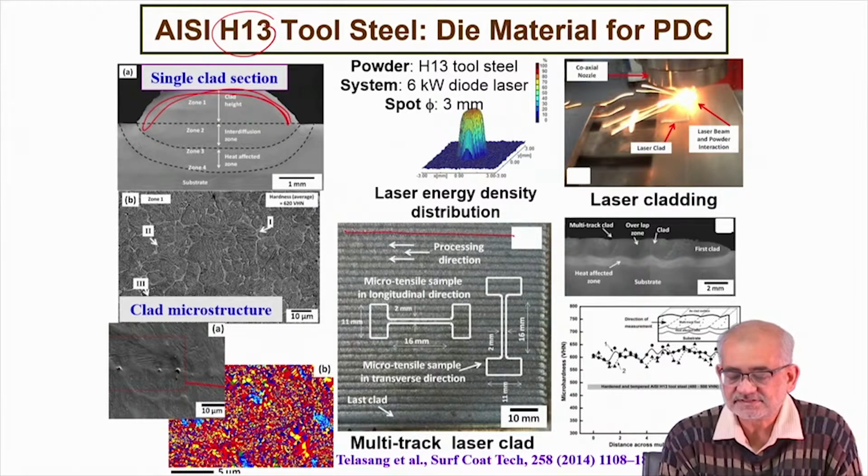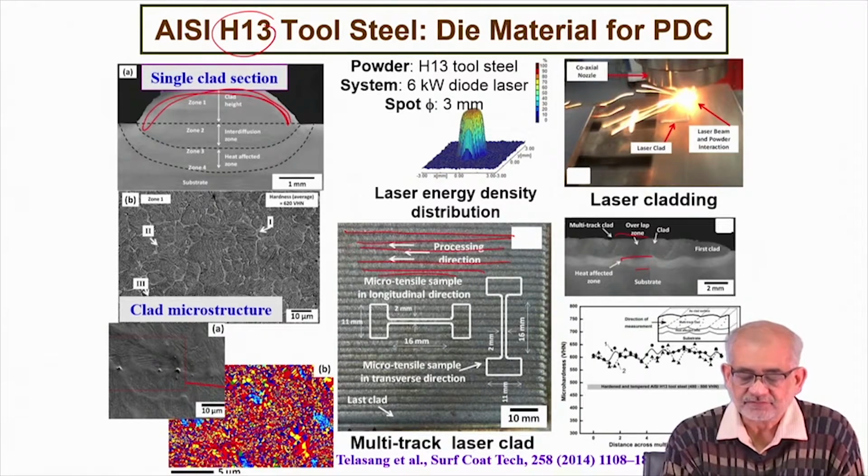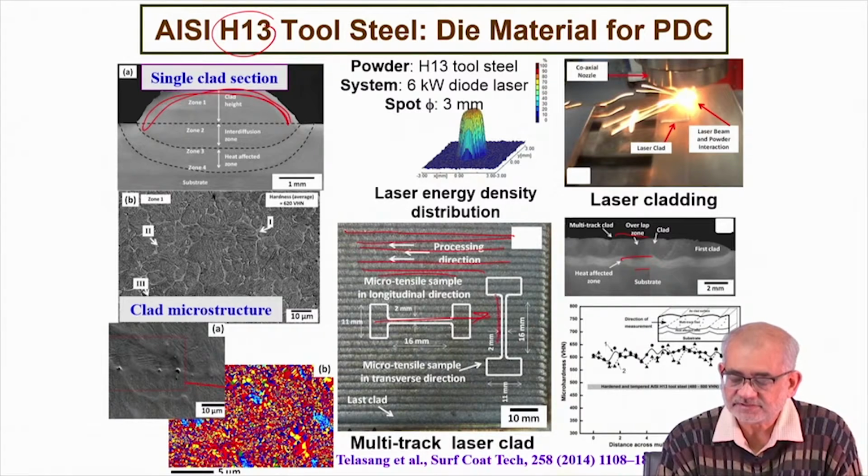For example, these are seams which are parallel ones, very neatly done parallel seams. If you create such clad beads along a certain direction with a certain level of overlap, then what was done in this case was not only to look at the cross section, showing very nice bonding with the base substrate, but from this top layer we were also able to extract samples for tensile testing, along the clad direction or across the clad direction.